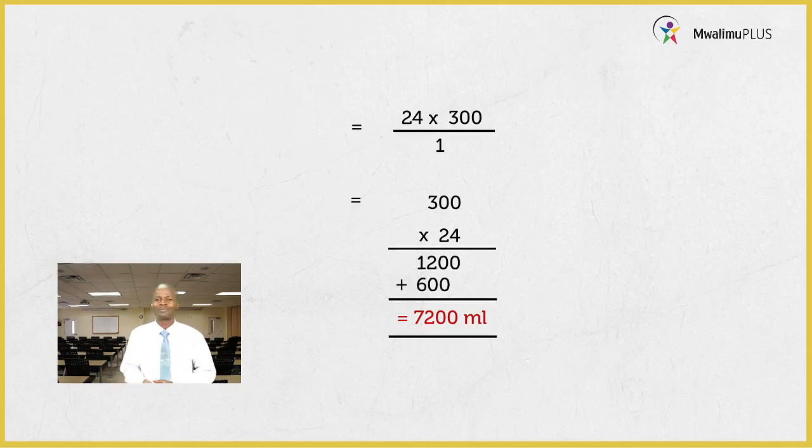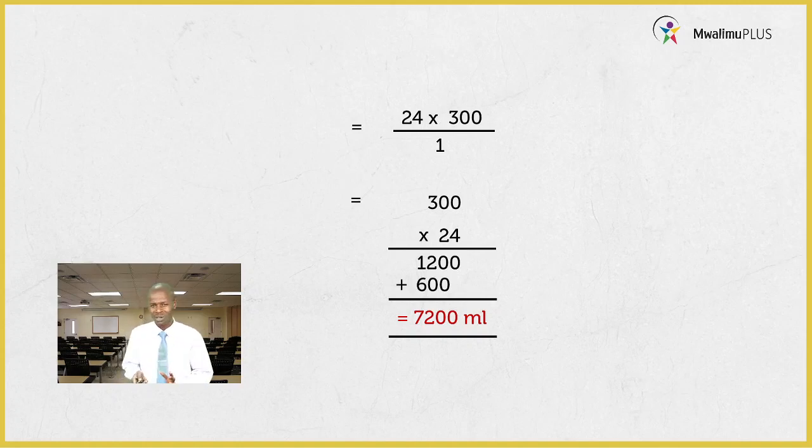Having multiplied 300 by 24, or simply 24 by 3, and then you bring in the 2 zeros. Now, having done that, remember this was the amount of soda in milliliters. Now the next thing that we are supposed to do is to convert this 7,200 ml into liters. As simple as that. Remember, when you are converting milliliters to liters, what did we say you do?